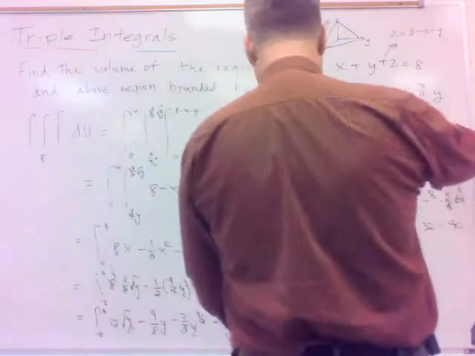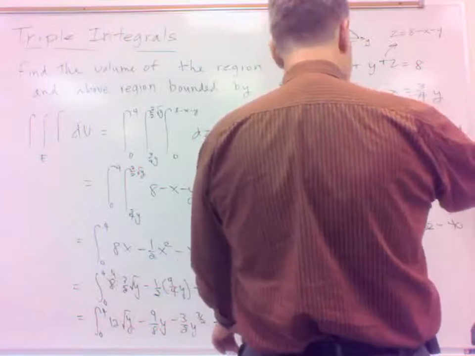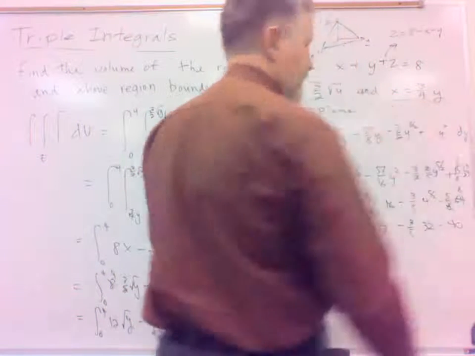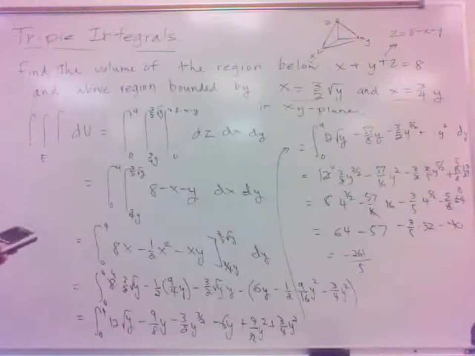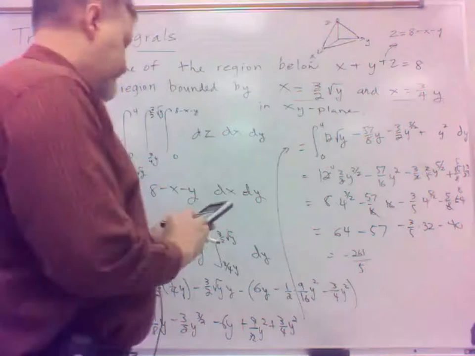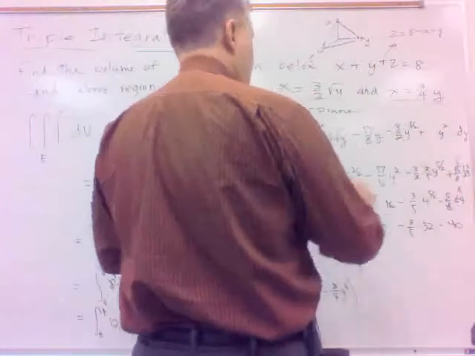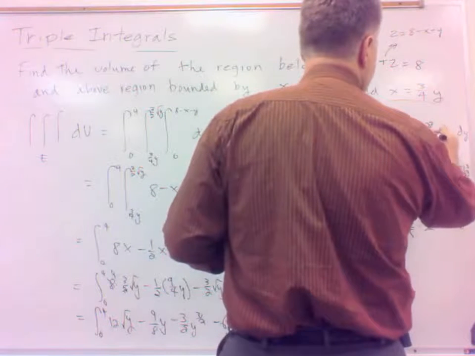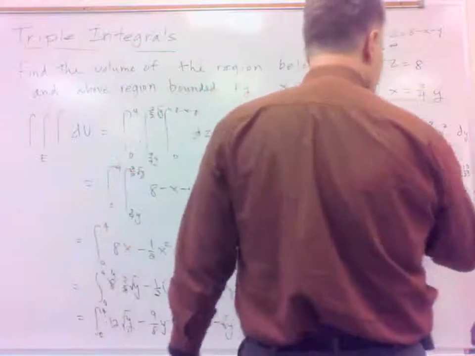So 9/32 instead of... So my y squareds will be 9/32 plus 3/4, 33 over 32 y squared.